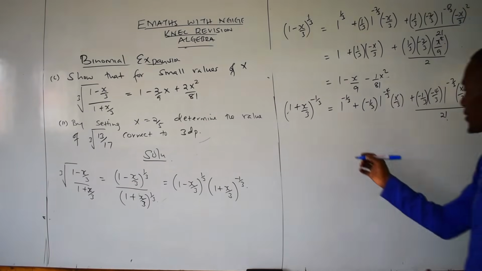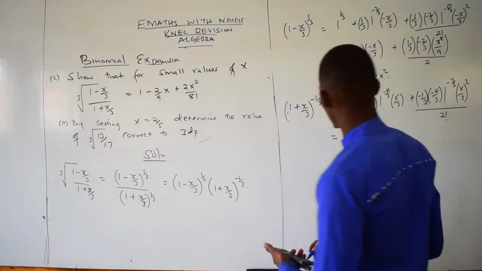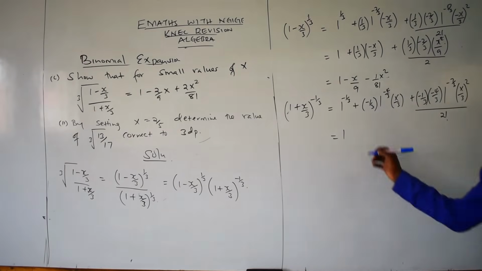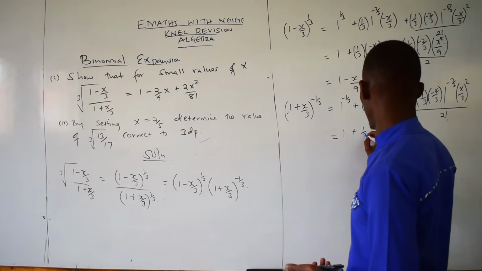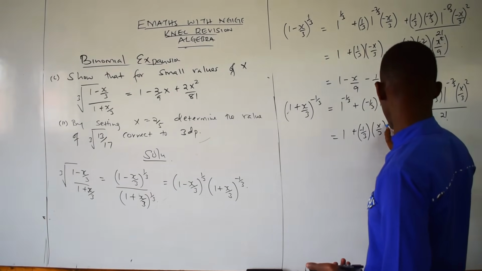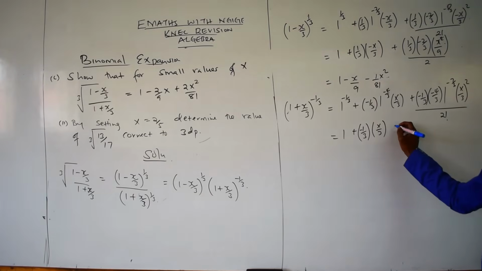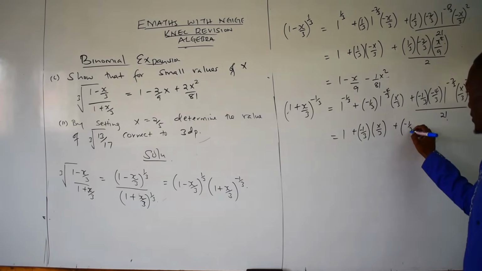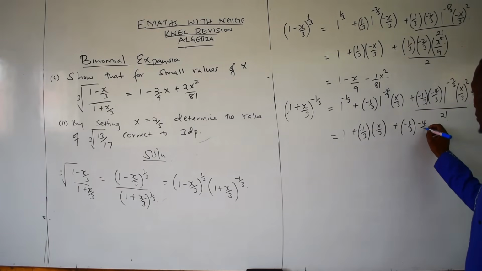Now you can simplify this further by opening the bracket. So this one becomes 1, since 1 to the power is just 1, and plus negative a third, then we shall have x over 3. Right? So we shall have 1, negative a third again, negative 4 over 3.